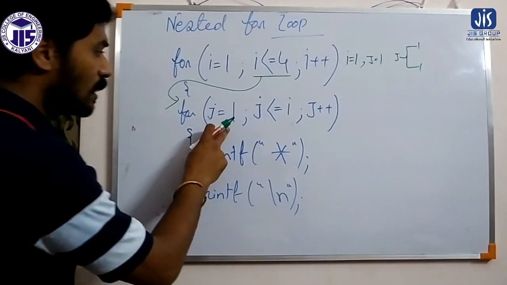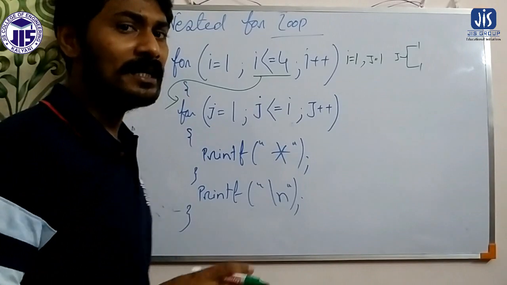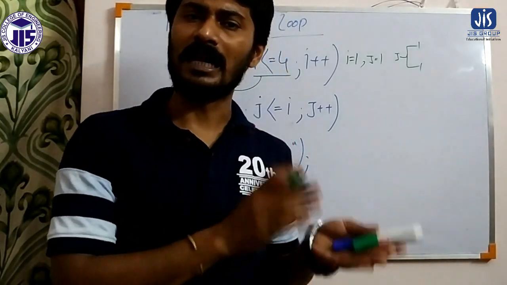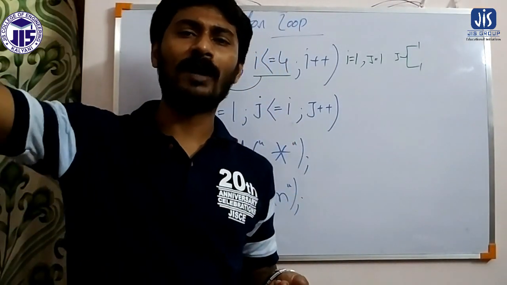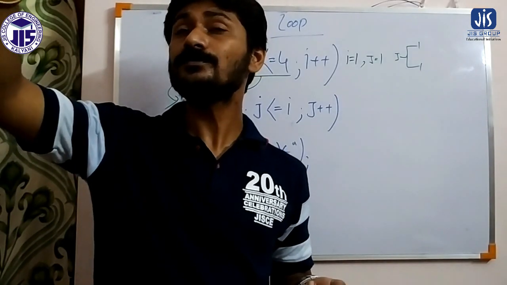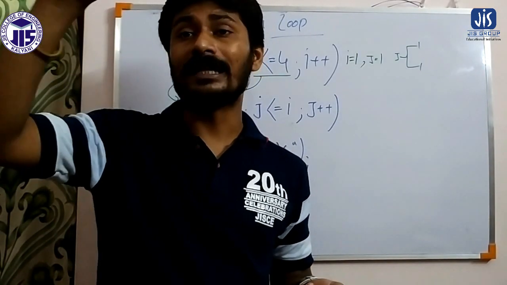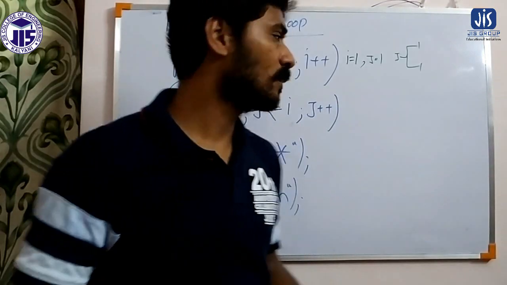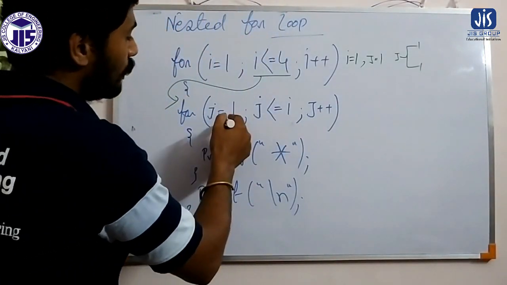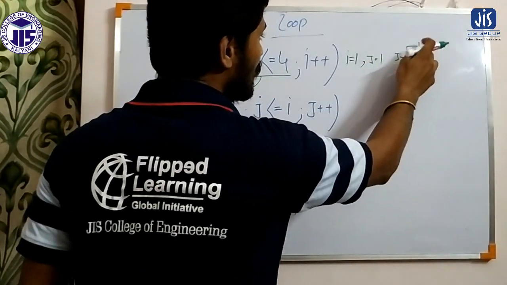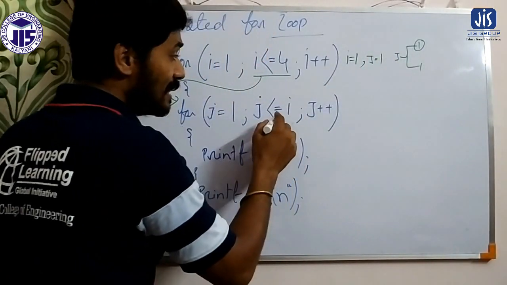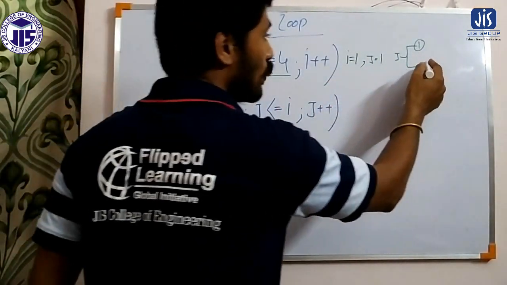Why? We have initialized j as 1, and initialization means from where we are starting, and the value provided inside the condition basically indicates the end. So here j equals to 1, so the initial value is 1, and j less than equals to i, the value of i is 1, so the end value is 1.